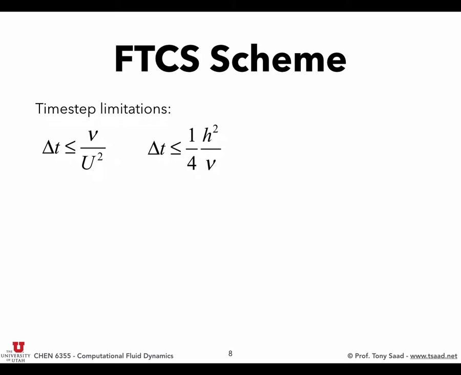Now, what's the dimensionless parameter for the incompressible Navier-Stokes equations? The key dimensionless parameter, if you normalize the equations, is the Reynolds number, right? So I want to write these time step constraints as a function of the Reynolds number. The Reynolds number is uL over nu.